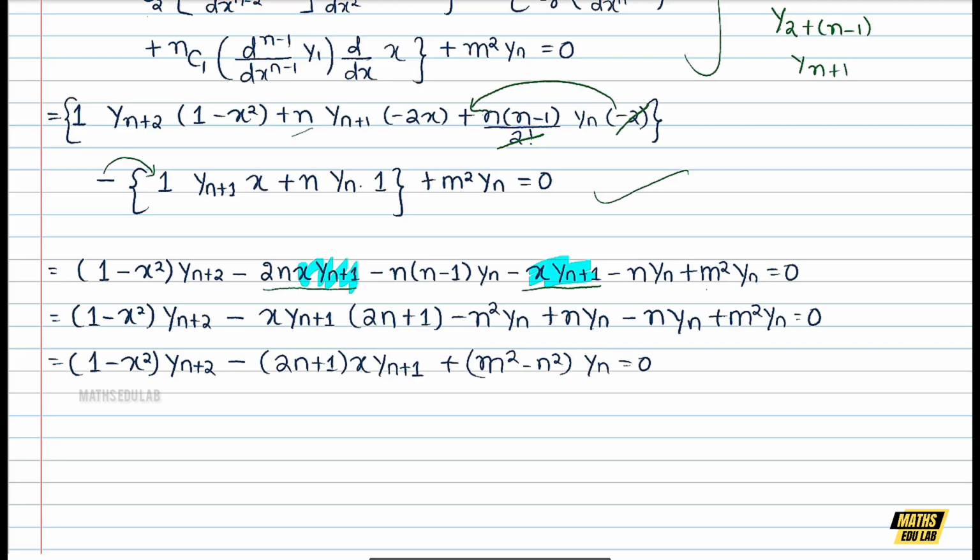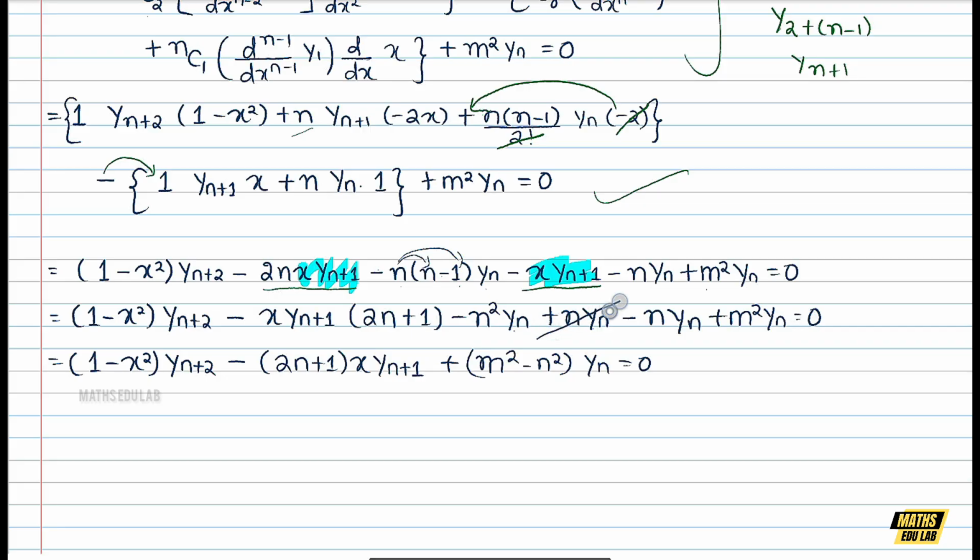So on taking common, I wrote the equation as x y(n+1) times (2n+1). Then I just multiplied the values here. So minus n square yn and then again n yn. So minus minus will be plus. Okay, then minus n yn plus m square yn is equal to 0.